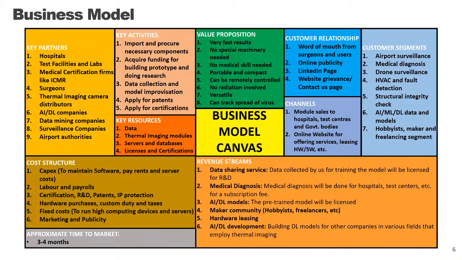This device is a bit different. It can be used in a variety of fields, as you will see later. The novel part is that if it is correctly developed, it might also track the spread of the virus inside a body. Customer relationships are related to online publicity and word of mouth of surgeons and users.